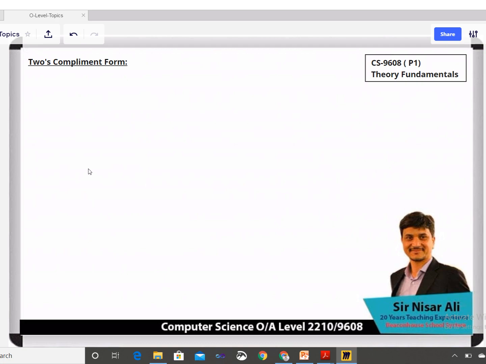For converting a number using the 2's complement form, we will first look at the conversion method. Let's say we have a number, 0 1 0 1 1 0 1 1.